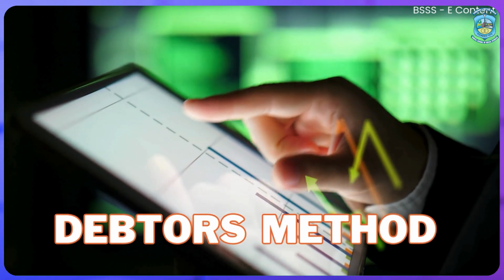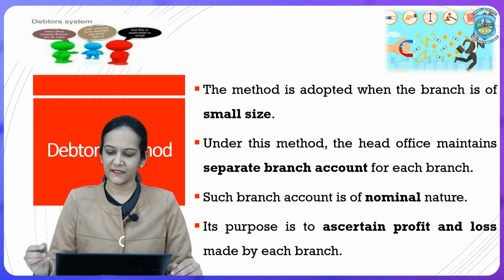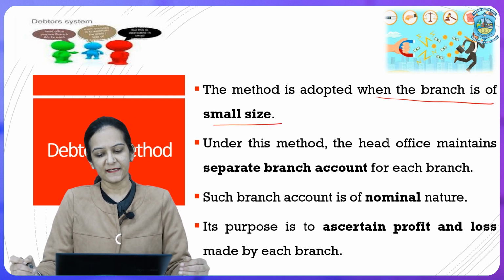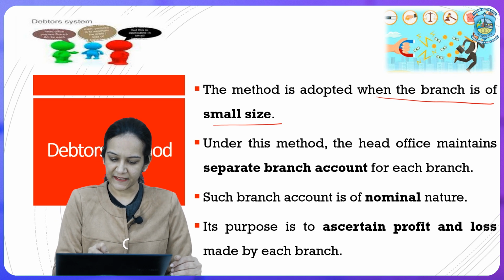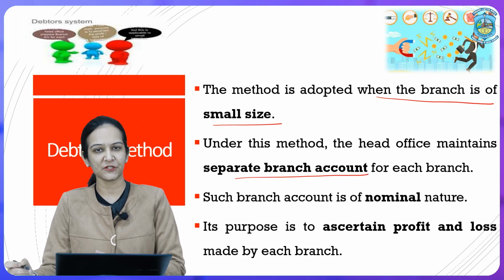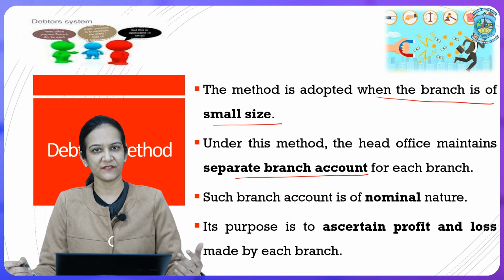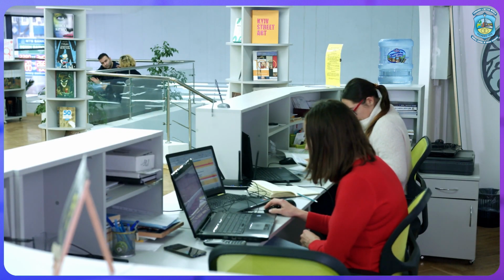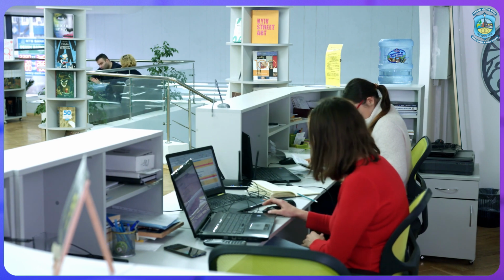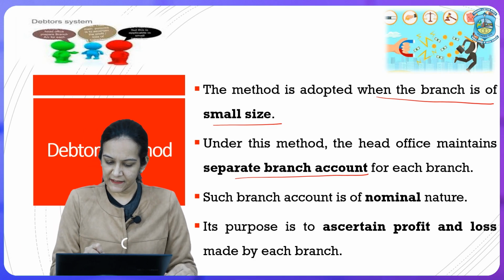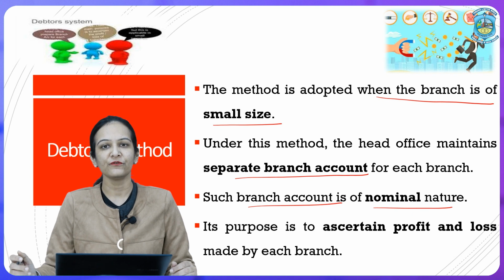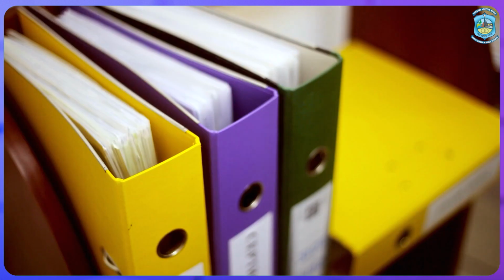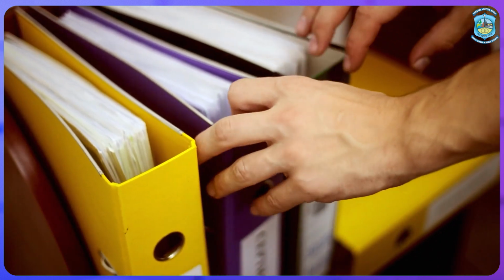Now, the debtors method. This method is adopted when the size of the branch is very small, and under this method the head office maintains a separate branch account for each individual branch, like a separate branch account for Bhopal branch and for Indore branch. This branch account is of nominal nature. Nominal nature means that in branch accounts we record all the items related to expenses and incomes.